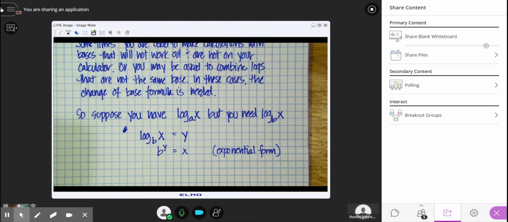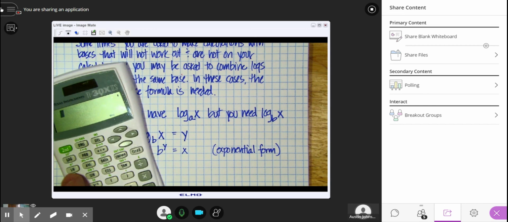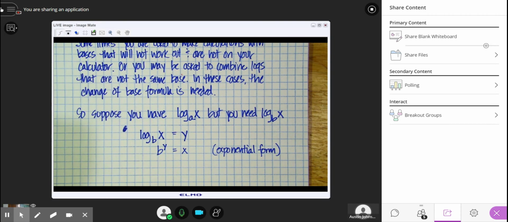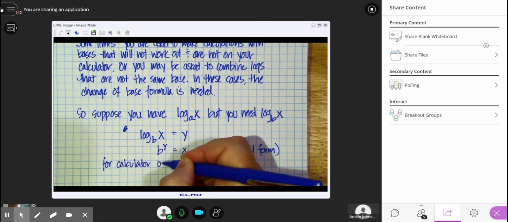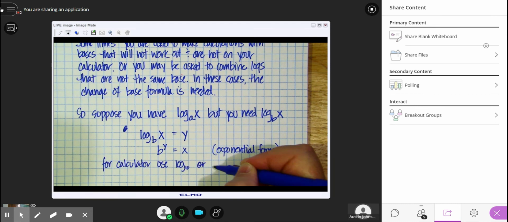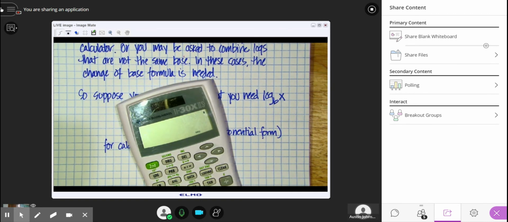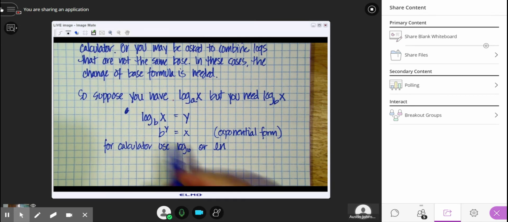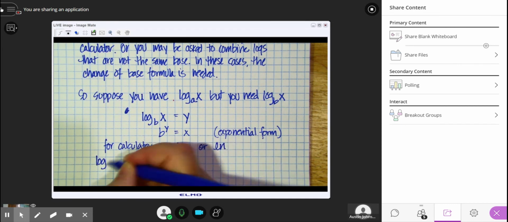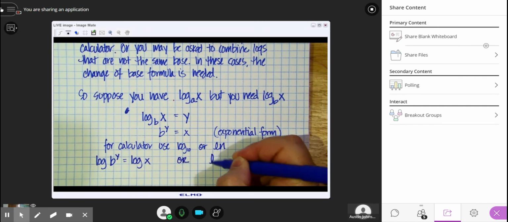So if I need my calculator, there are only two that are useful: you can use log base 10, or you can use ln. We're limited to those two because, again, they are the only two on this calculator. So I can take the log of both sides. The log of b to the y is equal to the log of x, or I could take the ln of b to the y.